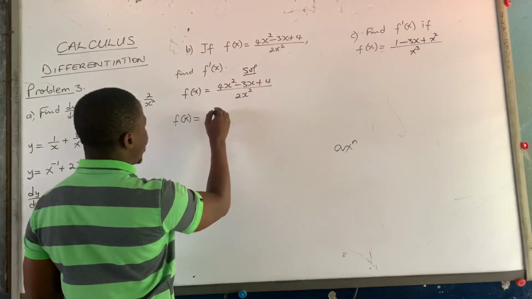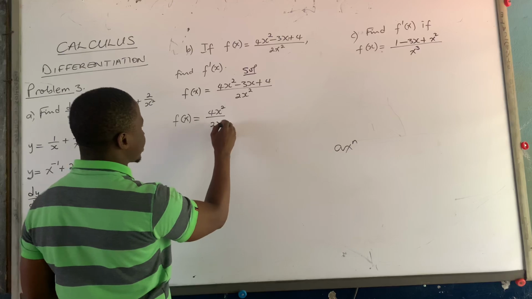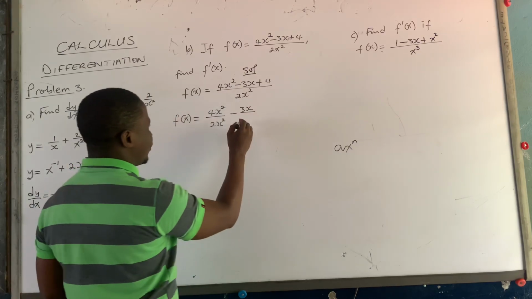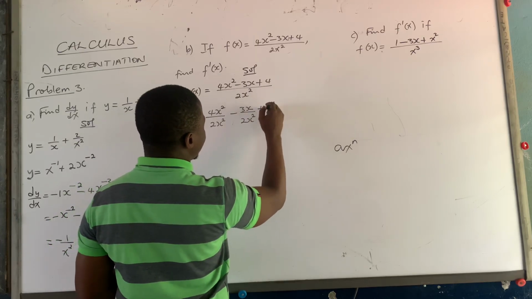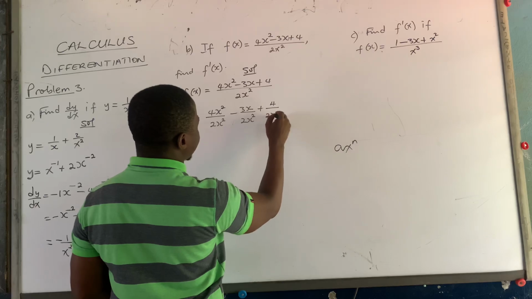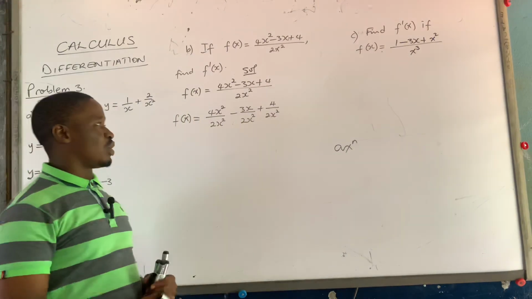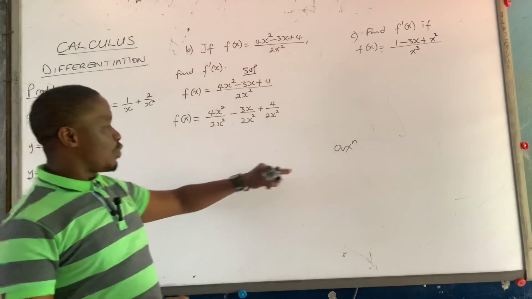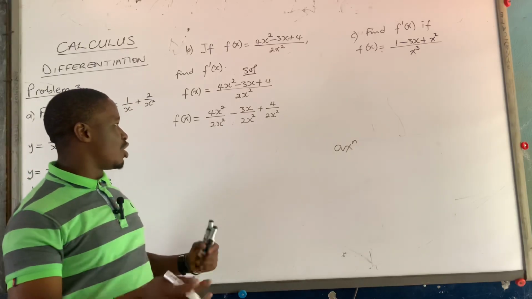So we say 4x squared divided by 2x squared, minus 3x divided by 2x squared, plus 4 divided by 2x squared. We have not performed any differentiation. We just rewrite until we get this form, wherein x is not serving as a denominator.